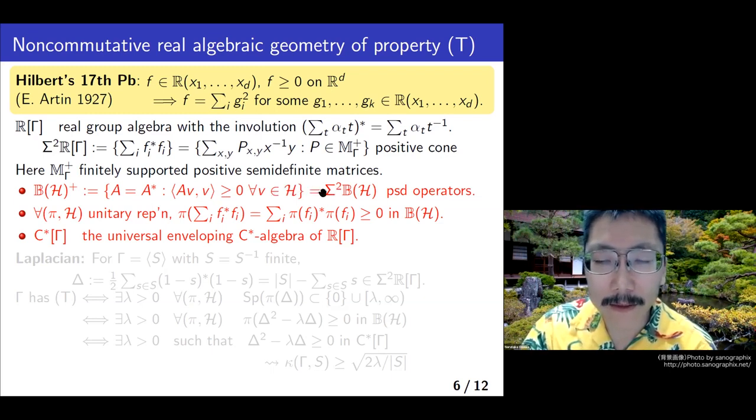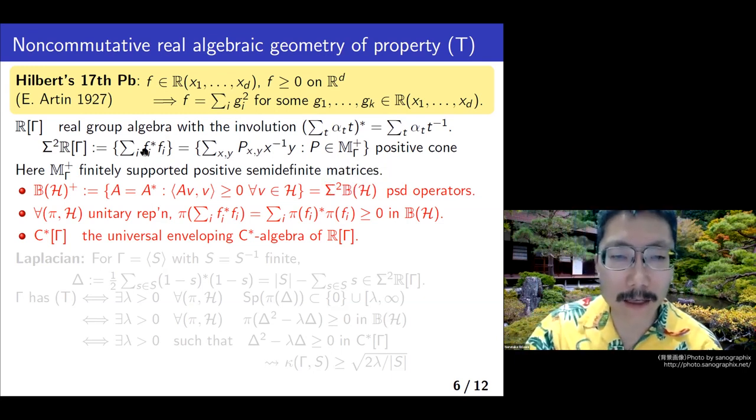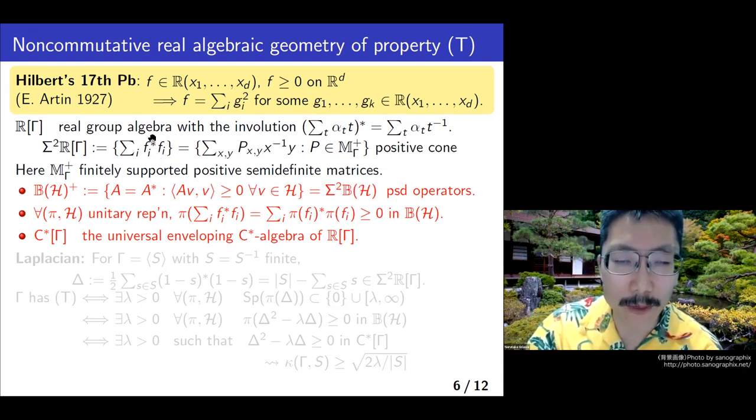And we know by functional analysis that you can take a square root, right? And it coincides with a sum of squares. Anything of this form is positive semi-definite because you can map phi_i star to phi_i here.